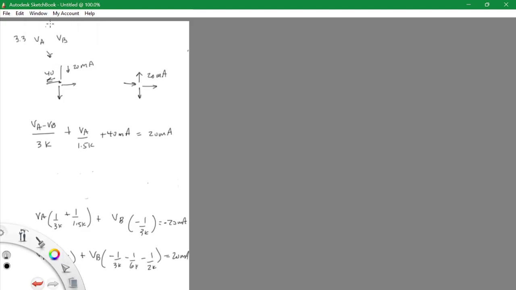Window. Anybody know how to do that? You might have to put a cursor on.